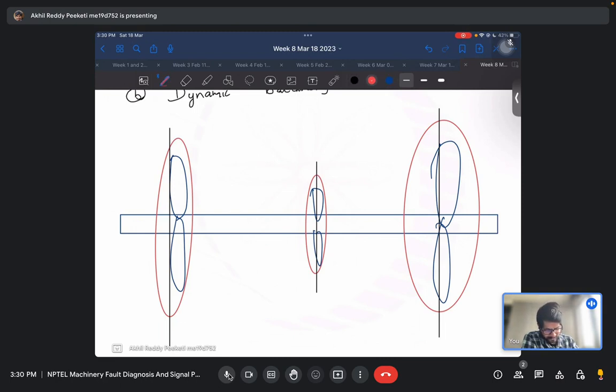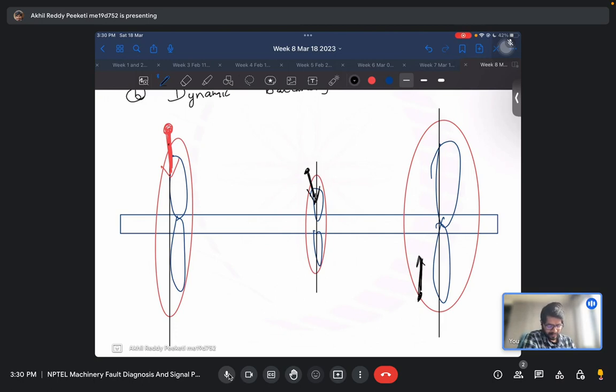So let's say at one instant there will be an unbalance creating a force like this, one more unbalance creating a force like this, one more unbalance creating a force like this. So you have forces in three different planes.